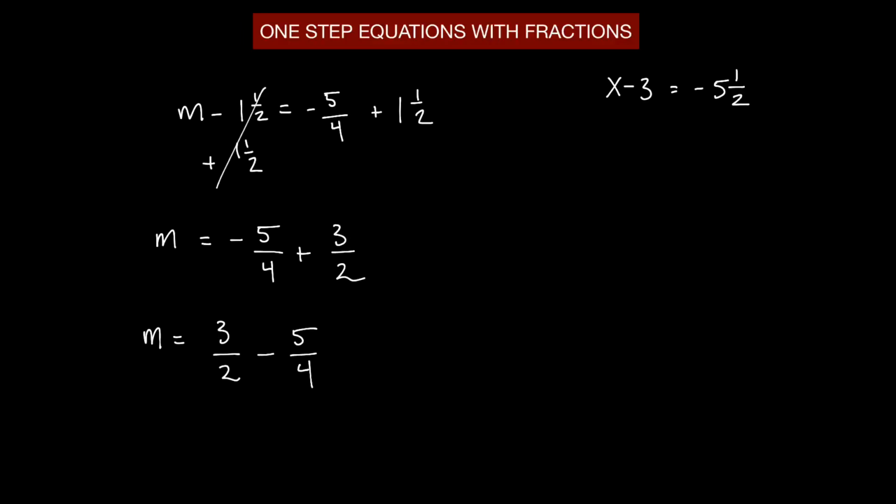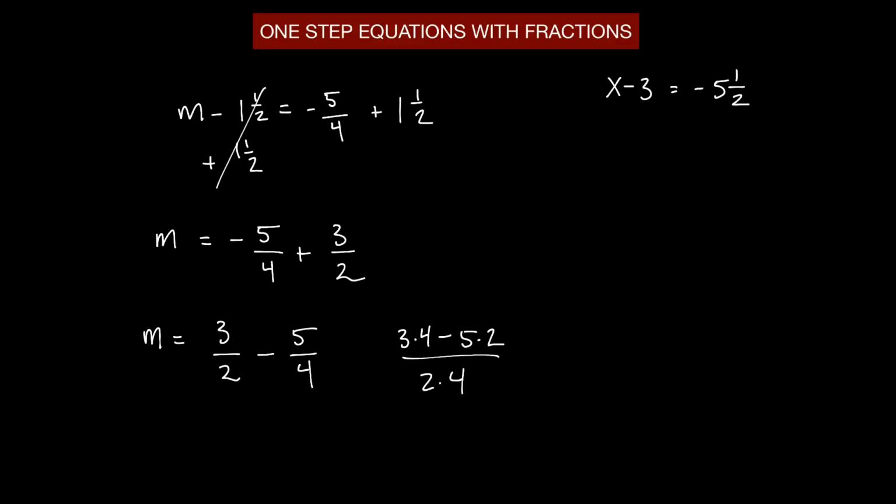Let's go ahead and solve this with our vertically and crosswise technique. So the numerator is going to be 3 times 4 minus 5 times 2. The denominator is simply the multiplication straight across, so 2 times 4.